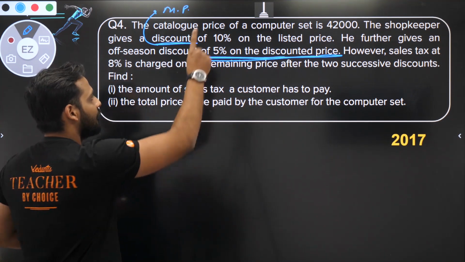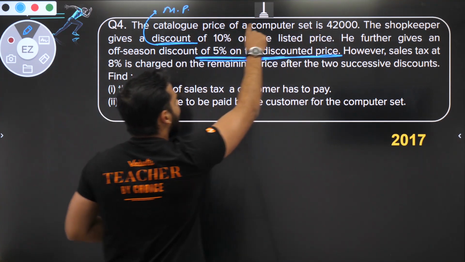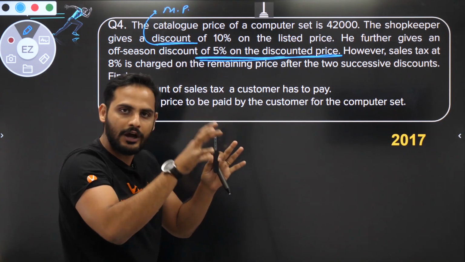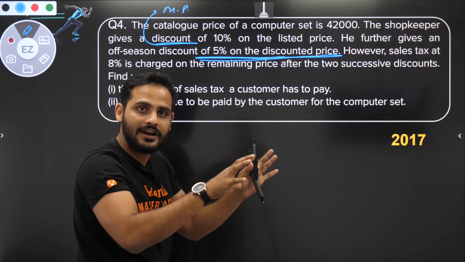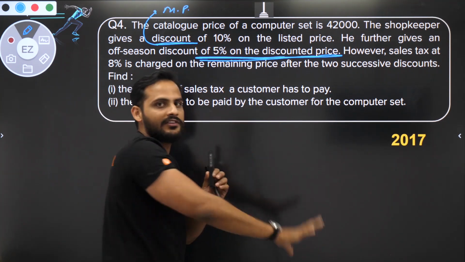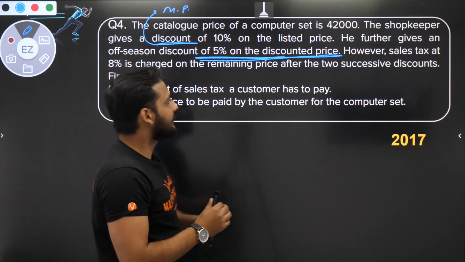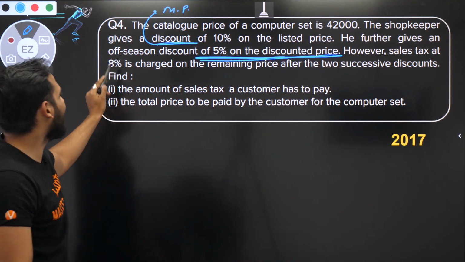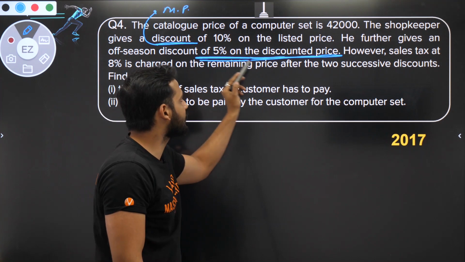That means from this original price, after getting this 10% discount, whatever is the discounted price, on that discounted price, 5% more discount. Then, however, sales tax at 8% is charged on the remaining price.